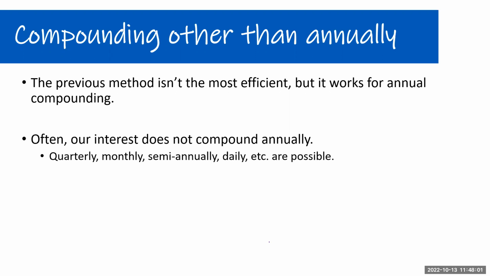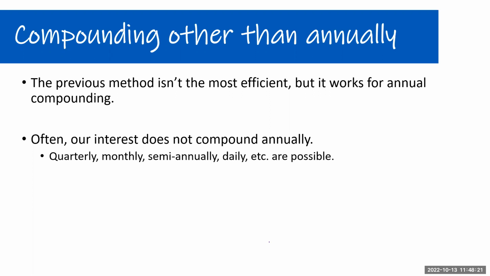That's going to be very tedious, let's say, mathematically. So we'd have to split up our interest if it wasn't annual because you're not getting 12% a day. You'd be getting 12% divided by that 365 a day. And it just gets really ugly really fast.